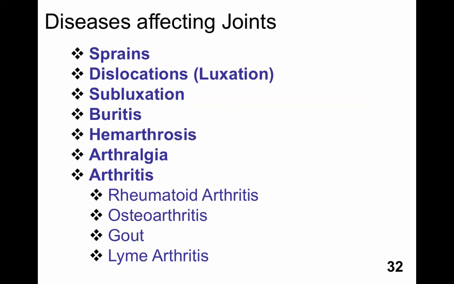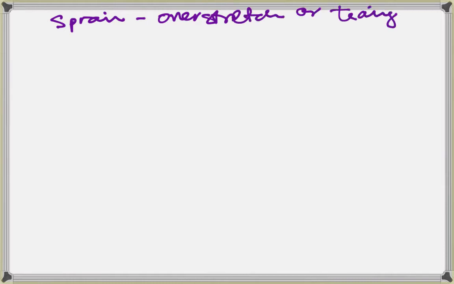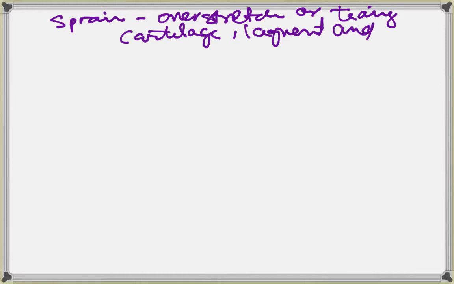Now, on here we have some terms that are essentially used for diseases that affect the joint. So we have sprains, and this is basically overstretching or tearing of the ligaments. And this is associated with the joints, right?